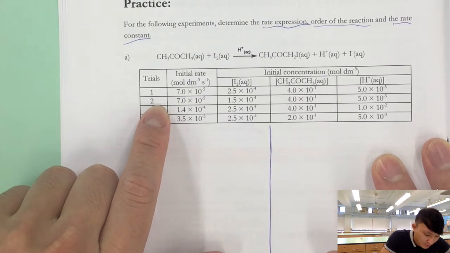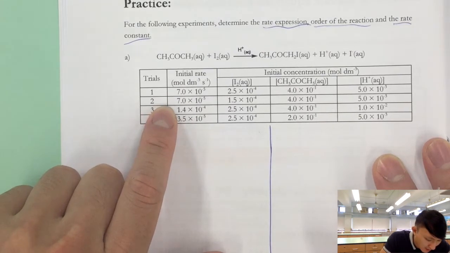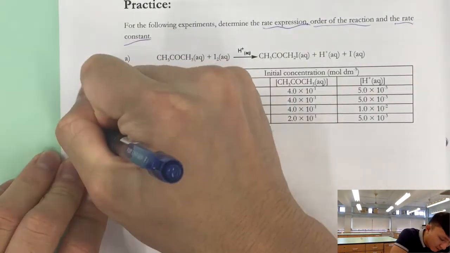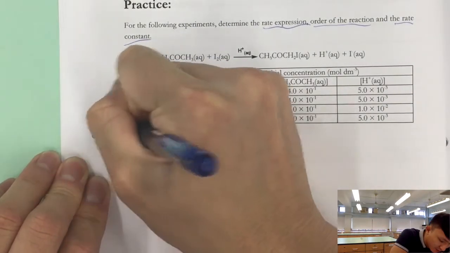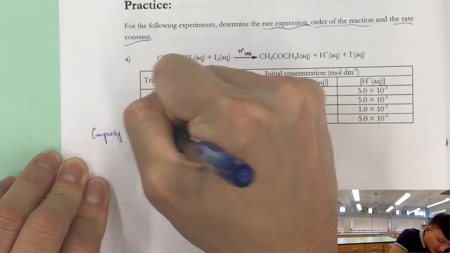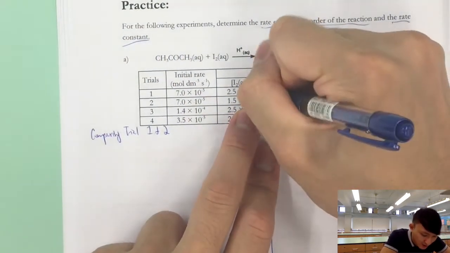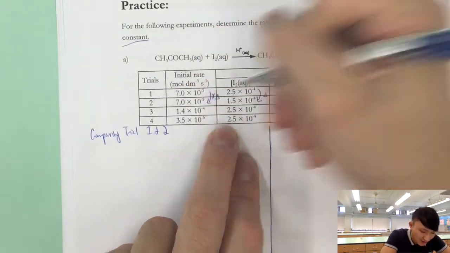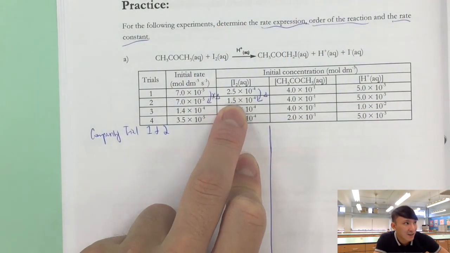First of all, I want to compare, for example, the first one, okay? So, compare trial 1 and 2. You notice that this one has a change, but the rate, no change, isn't it? Right?